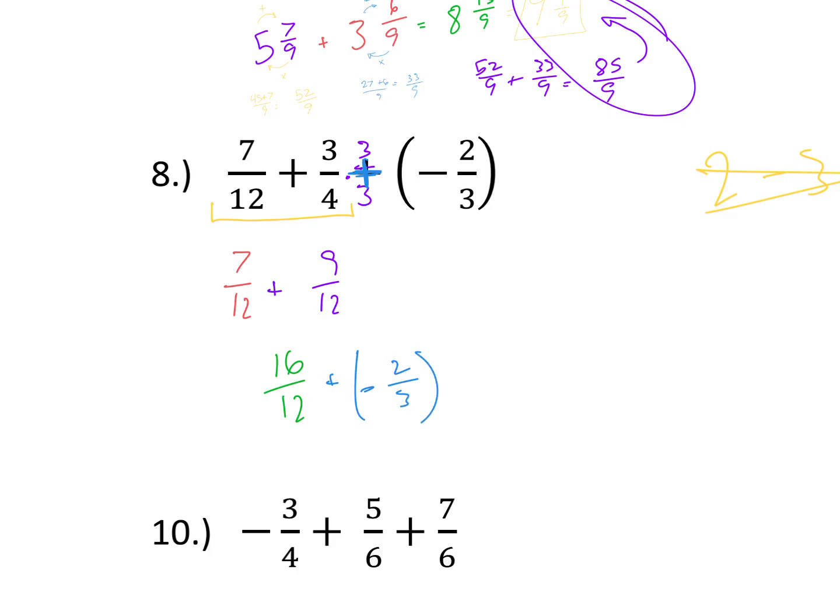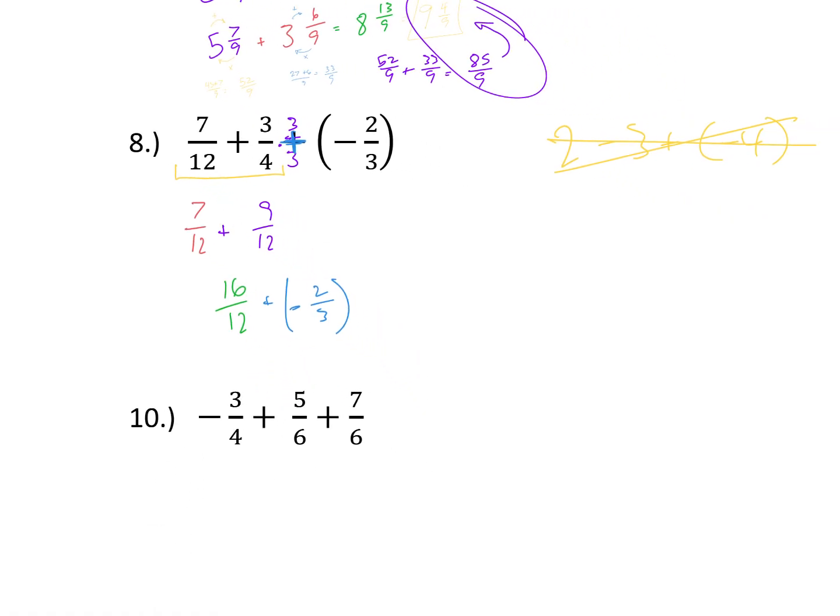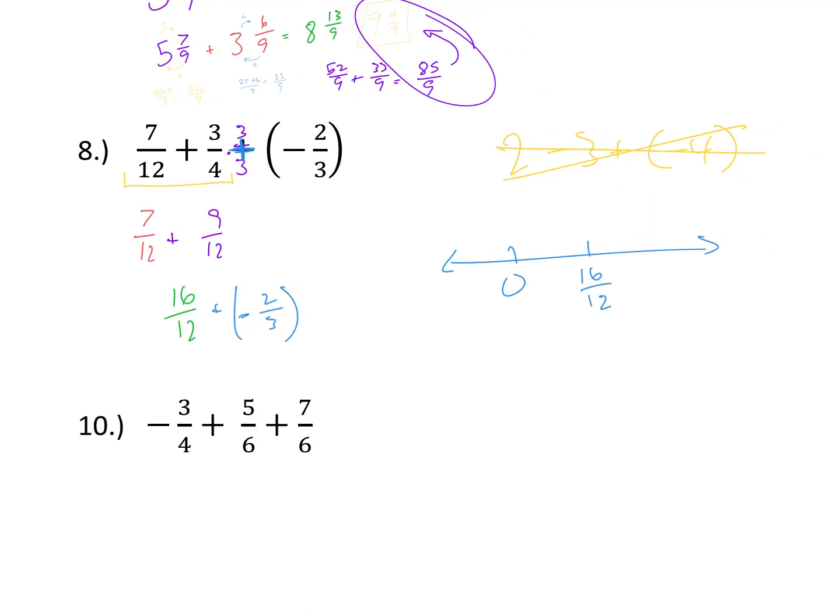In this situation, you can proceed as a regular subtraction problem, because here's the number line. Here's 0, here's 16/12, and it's bigger than 1, right? Because 12/12 is equal to 1. Let's say that that's 1. Is this bigger than 1? No. So we're going to hop backwards and land somewhere positive, right?